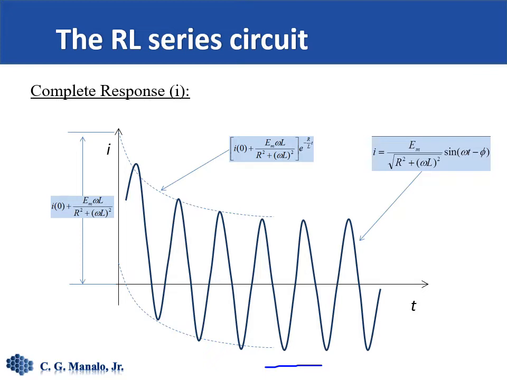It looks like a sinusoidal function with a little twist at the beginning, and that's because of the presence of the exponential term there, but over time this term will disappear, and therefore that will give us a purely sinusoidal function.